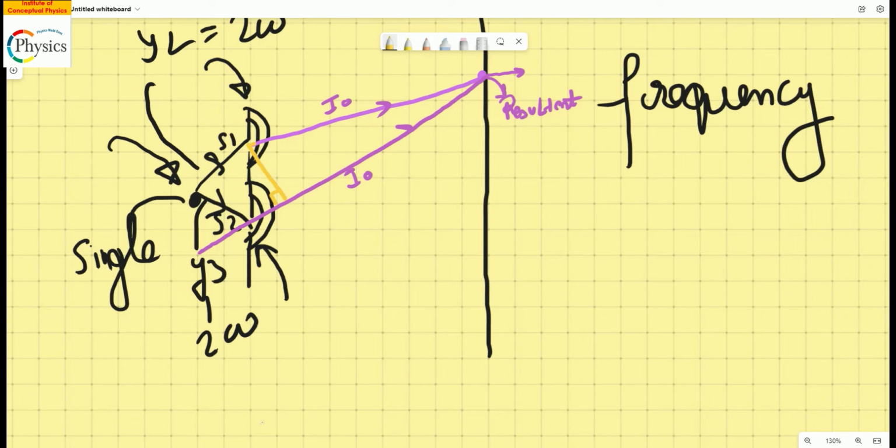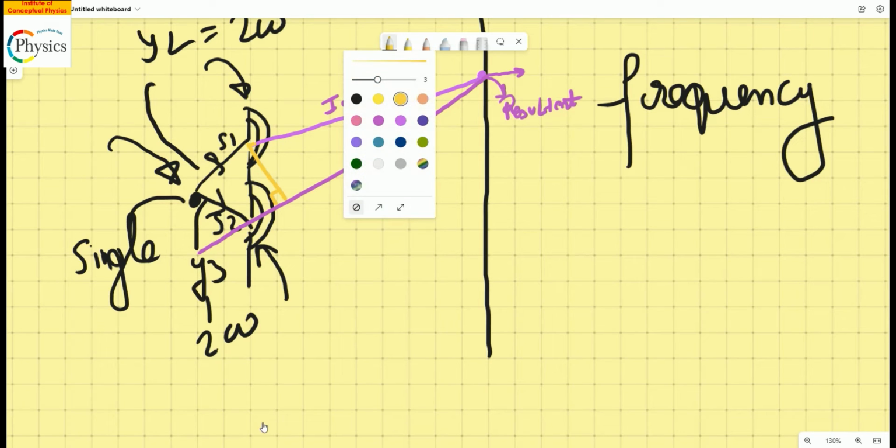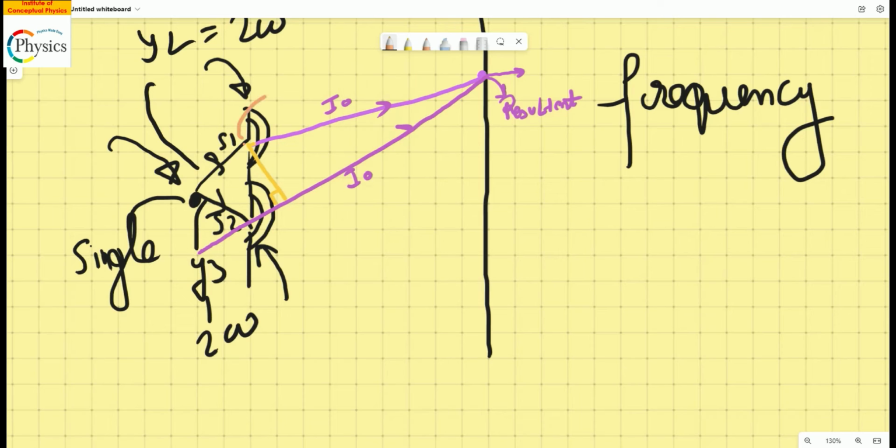Okay, and the path difference which is existing, you can see this is the length, right? So let me label it so that you can understand it. AB is the length traveled by wave number 1. The second wave is traveling another distance, which is CB. So AB is one path which has been traveled, CB is another path, and the path difference between them is CE, which is drawn.